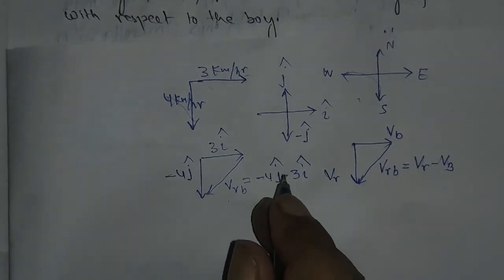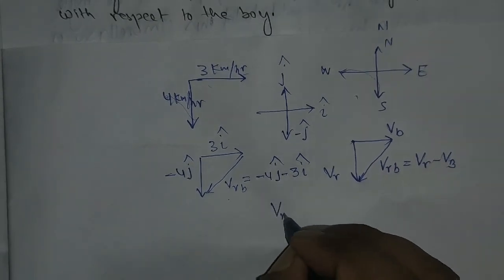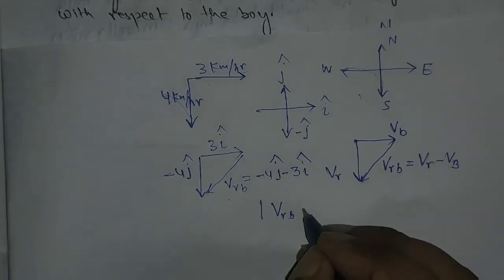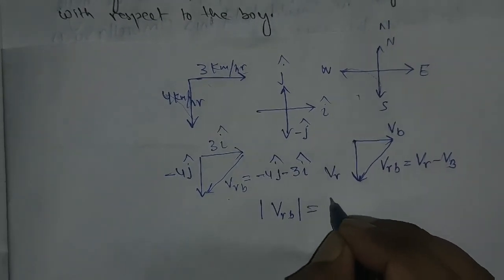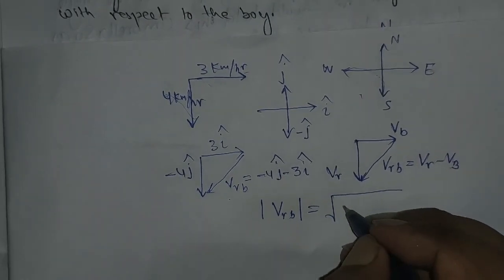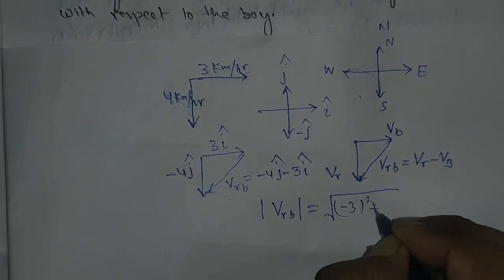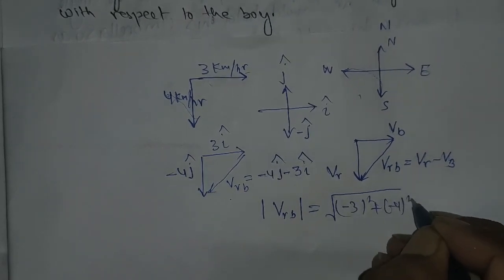Now what will be the magnitude of this velocity, students? Simple, for Vrb you will have to get the mod. So it will be root of the square of the coefficient of i plus the square of the coefficient of j. So minus 3 square plus minus 4 square.